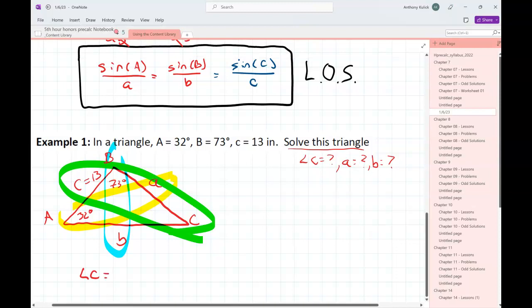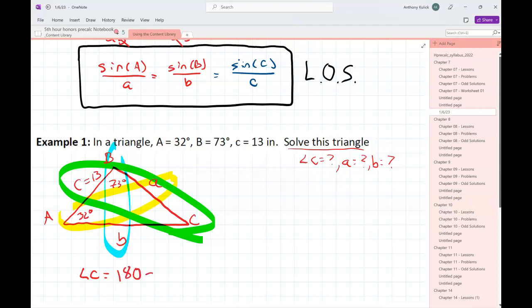How would I go about doing that? Yeah, I know that the interior angles of a triangle add to be 180. So I can just do 180 minus angle A minus angle B. What's that? 105, so that should be 75 then.